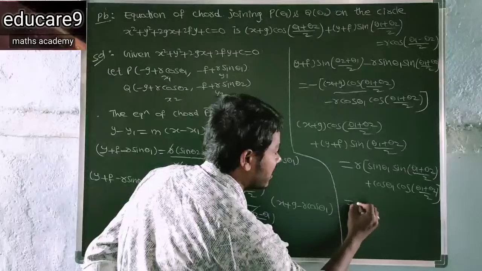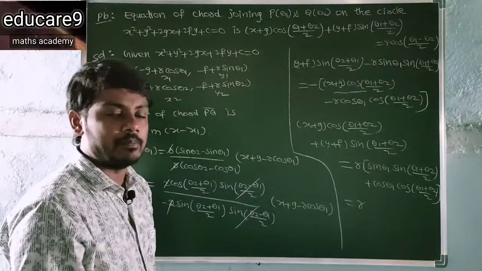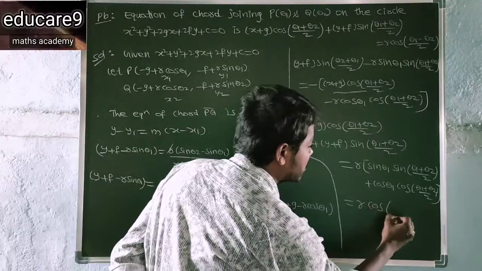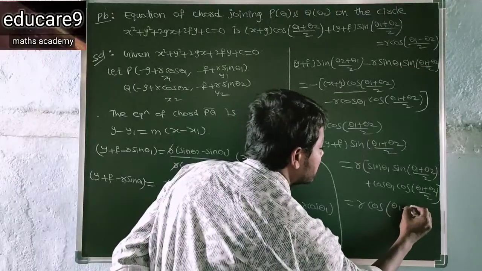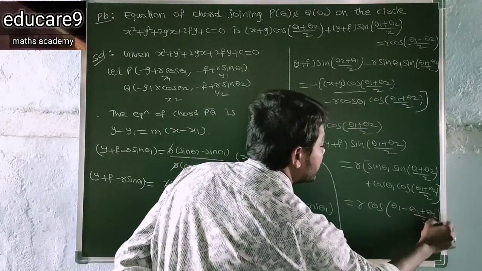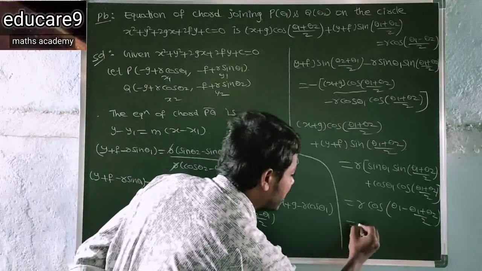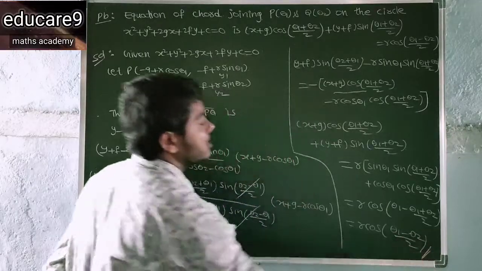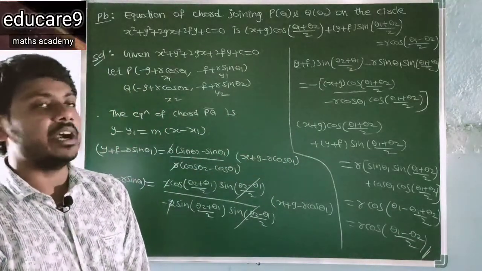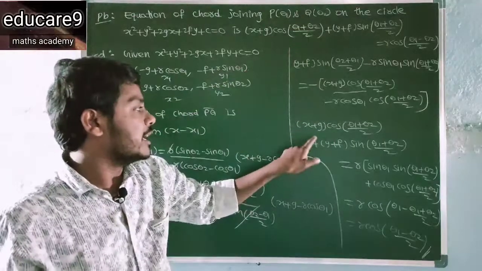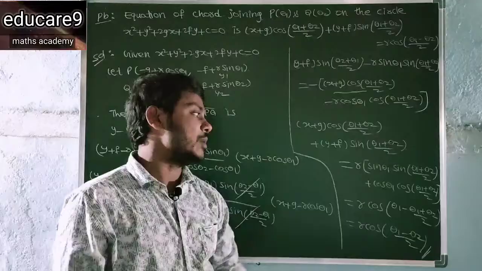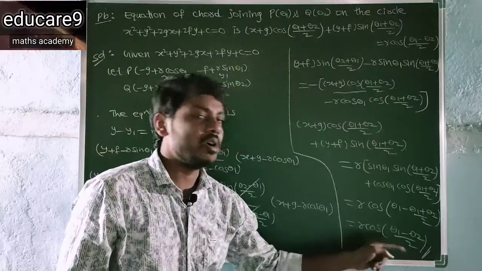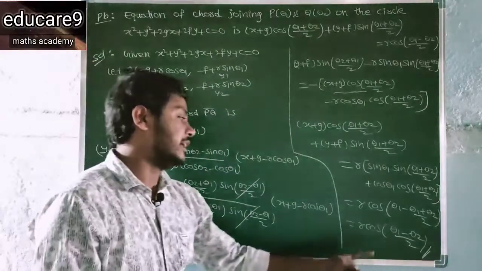So clearly, this is cos a cos b plus sin a sin b, that is cos of (a minus b), that is cos of theta 1 minus (theta 1 plus theta 2) by 2. Now this is r times cos of (theta 1 minus theta 2) by 2. So therefore, the equation of the chord joining P and Q is x plus g cos of (theta 1 plus theta 2) by 2 plus y plus f sin of (theta 1 plus theta 2) by 2 equals r cos of (theta 1 minus theta 2) by 2.